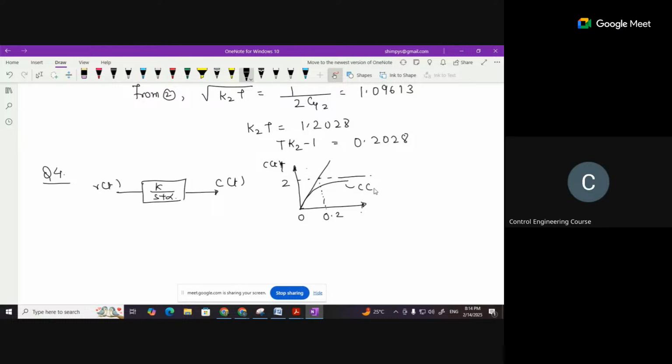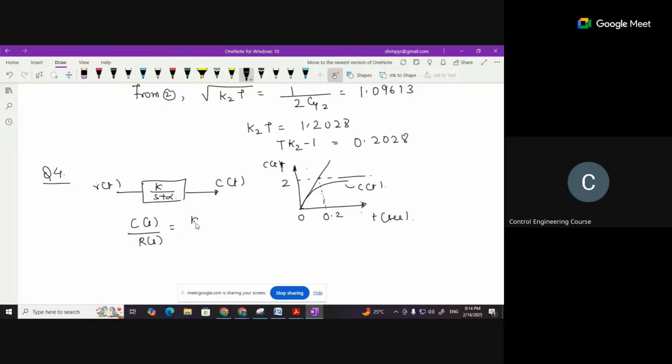This is C of t, correct? And this is time in seconds. So you have to find out alpha and k. Fine. So if I write down the transfer function Cs by Rs, how much will it be? This is an open loop transfer function, right?